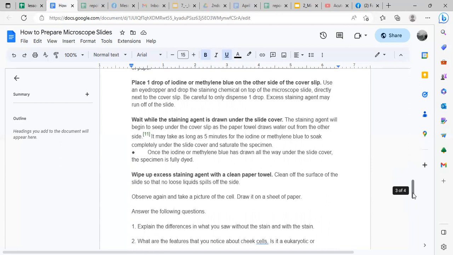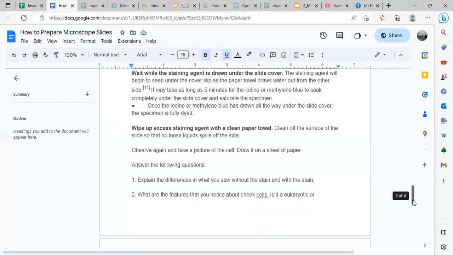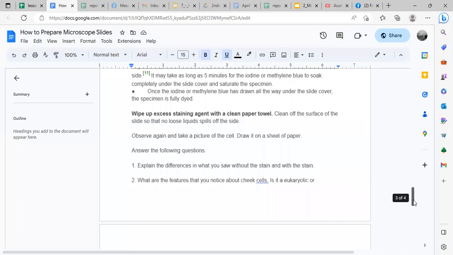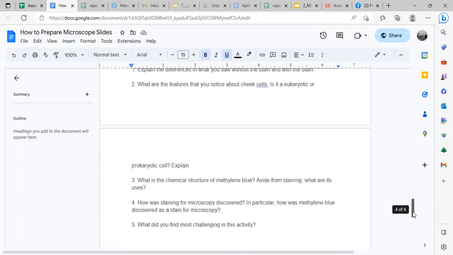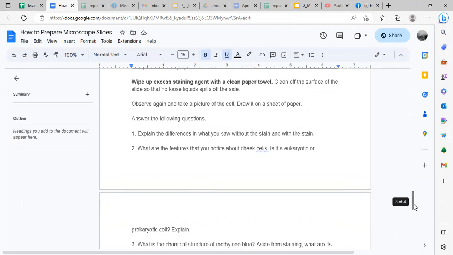It may take 5 minutes. And wipe the excess with a paper towel. Okay. So that's all for our lab.